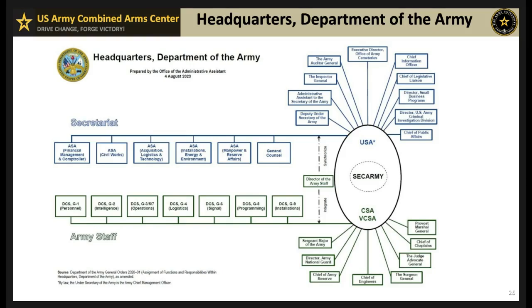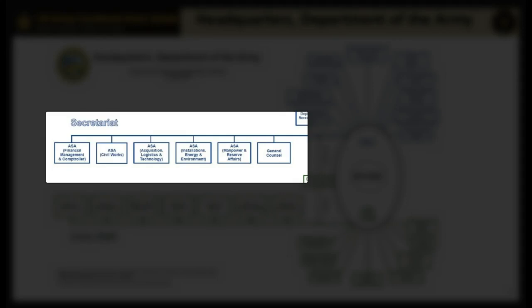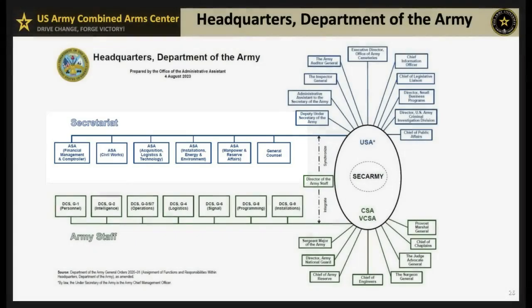This diagram depicts Headquarters DA, comprising the Secretariat and the Army staff. The Secretariat, which includes various Assistant Secretaries of the Army, ASAs, for financial management, civil works, acquisition, installations, manpower, and the General Counsel, oversees policy and fiscal operations.